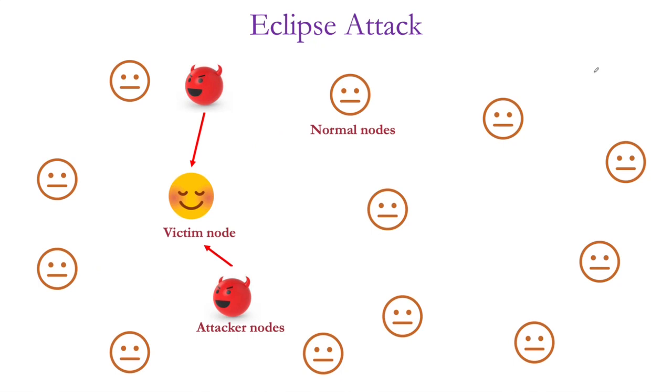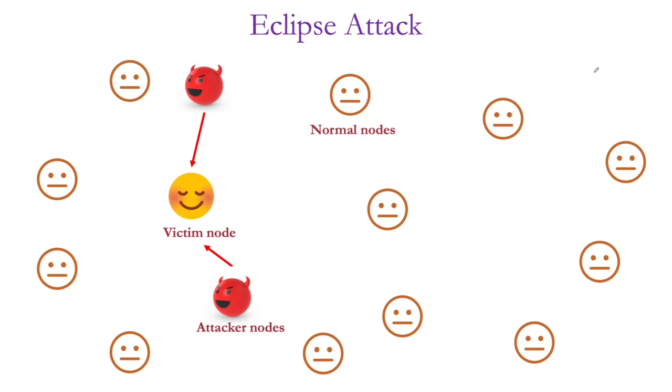What happens is that the attacker can filter the victim's view of the blockchain, or make the victim waste computing power on an obsolete view of the blockchain. Further, the attacker is able to leverage the victim's computing power to conduct its own malicious acts.